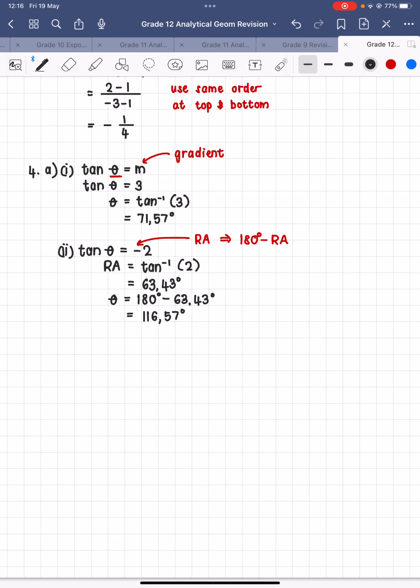Not in quadrant 1, hey? Quadrant 2 and 4. Do you remember that we ignored quadrant 4 for tan? So this would be our quadrant 2 solution. The only thing that's different here is that we don't have a plus 180 in, because they've given it to us in the context of an angle of inclination.